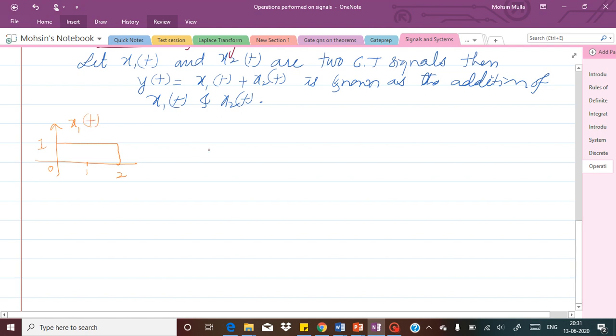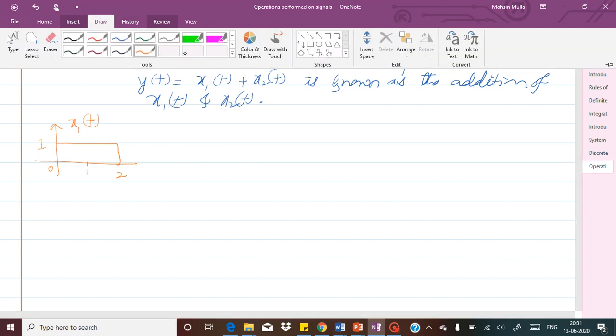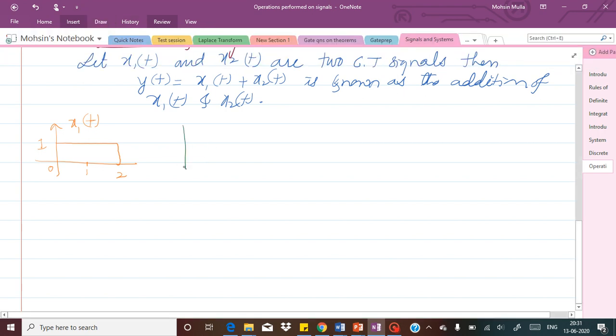Then I will have another signal, let me draw it with a different color, x2 of t. This x2 of t also has the same magnitude of 1, but it is available only between the instants 0 and 1, and at all other instants it is 0. So this is the new signal x2 of t.